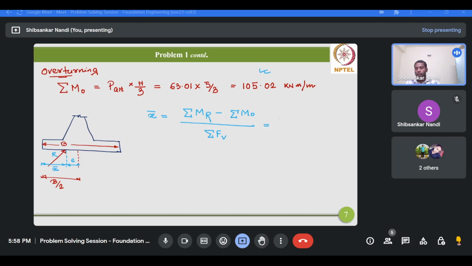So summation of MR is basically 304.3, and summation of MO, that is overturning moment, 105.02, and summation of FB is 184.67.